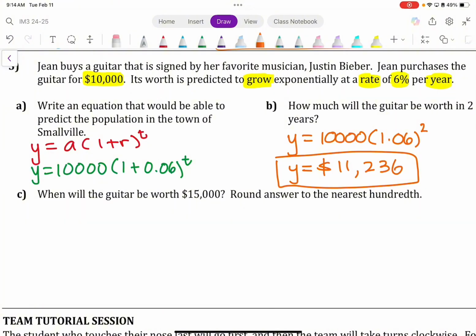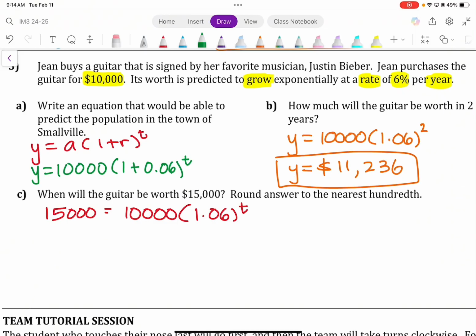When will the guitar be worth $15,000? Now $15,000 is an output. We set that equal to the equation. 15,000 equals 10,000 times 1.06 to the t. We should be feeling comfortable with the first step.